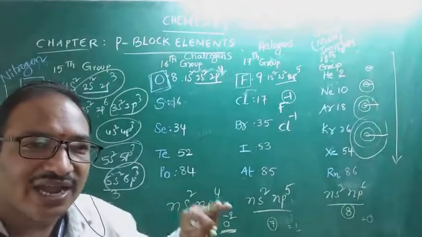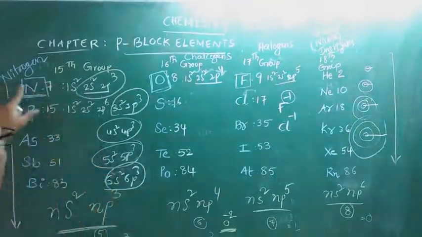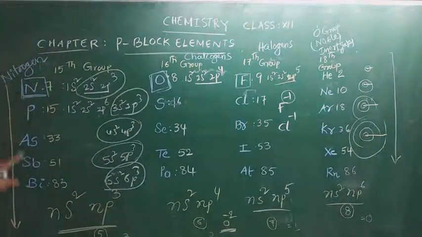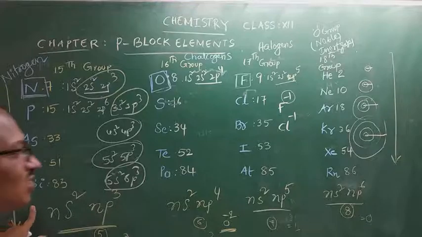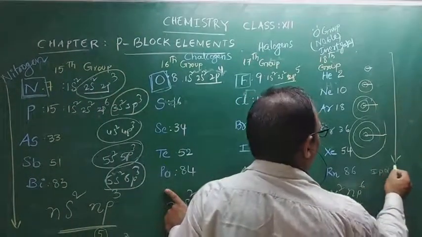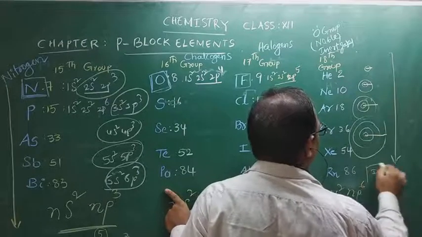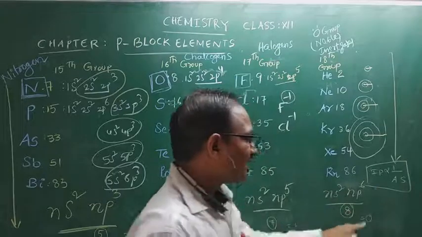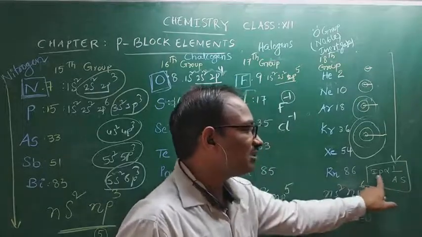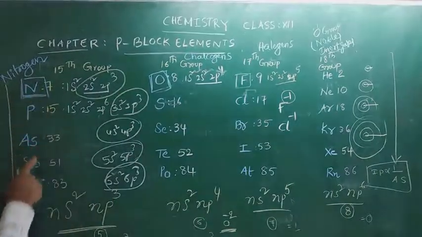And atomic radius and ionization potential are inversely proportional. If atomic radius or atomic size is more, ionization potential is automatically less. Why atomic size is increasing?